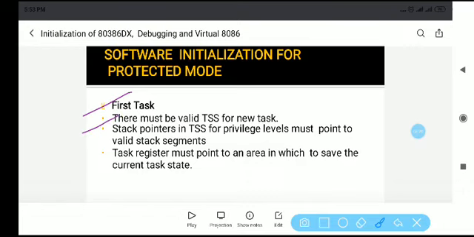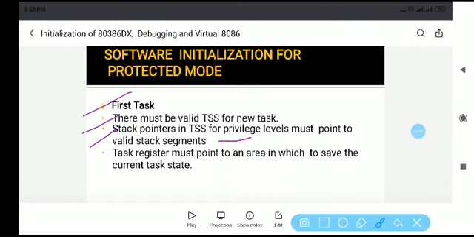First, there must be a valid TSS for the new task. TSS is the task state segment. Then the stack pointer in the TSS for each privilege level must point to a valid stack segment, meaning a valid stack segment is present.